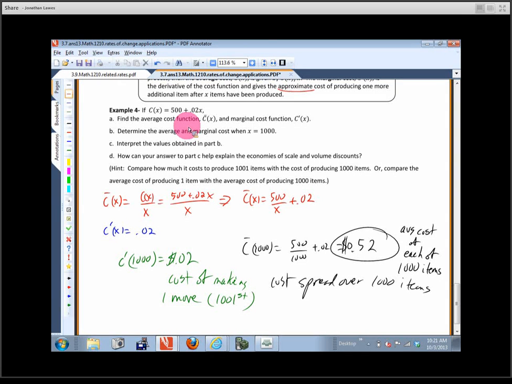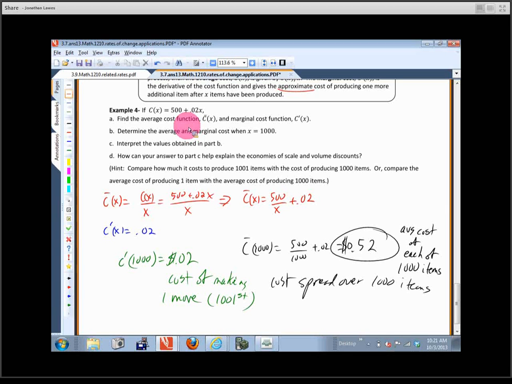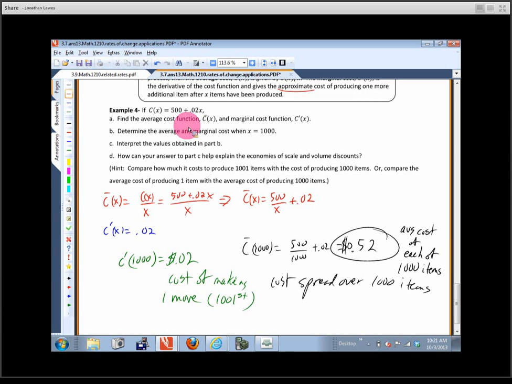If I make 2 of them, if I just make one more, it costs me $500.04. What's my average cost for making 2? $250.02. So just making 2 items, see how I've dropped my average cost way down? It continues to drop the more and more that I make until I'm at 1,000. It only costs me 52 cents a piece.